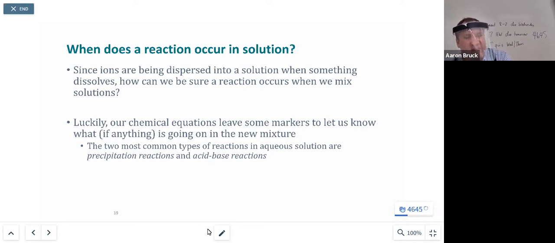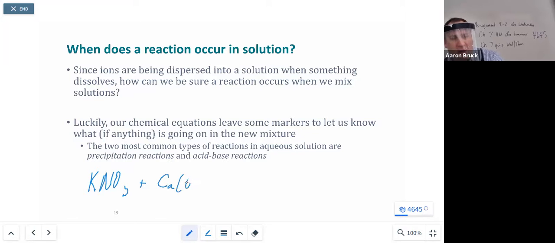So let's take, just as an example here, a common reaction in solution where we've got potassium nitrate reacting with calcium hydroxide to make potash, potassium hydroxide, and calcium nitrate.